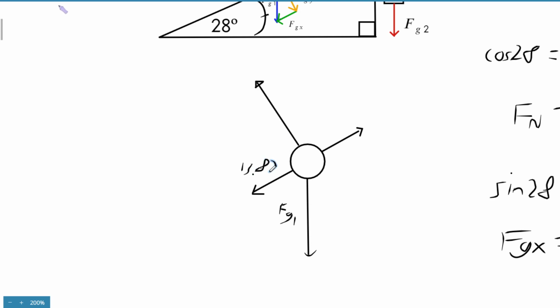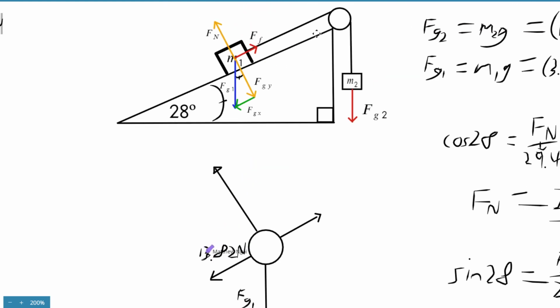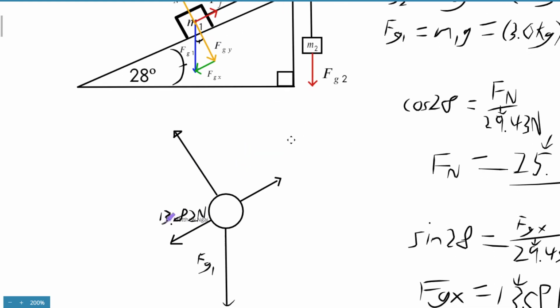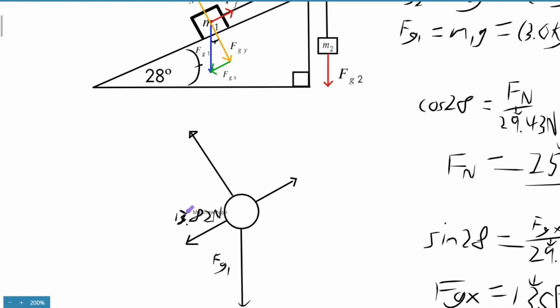Let's just put that here. And then this one, which is the force of M2, is just 9.81. So from this, let's also put Fn here, and this one is also Fn, so they cancel out.